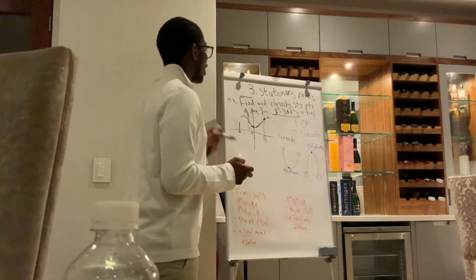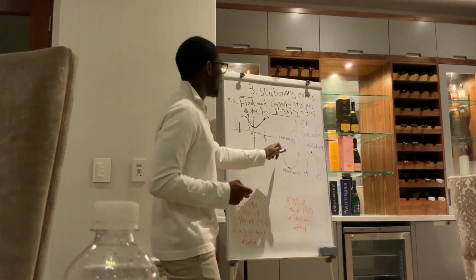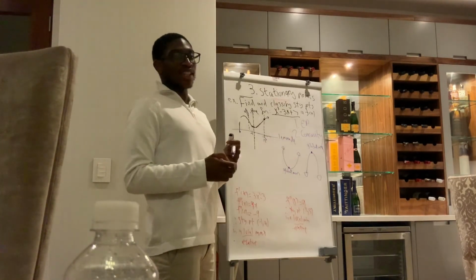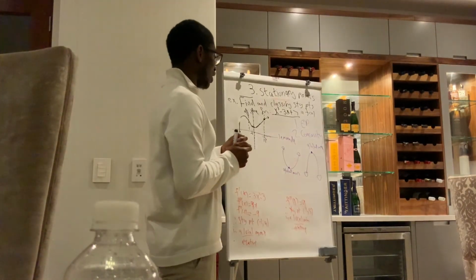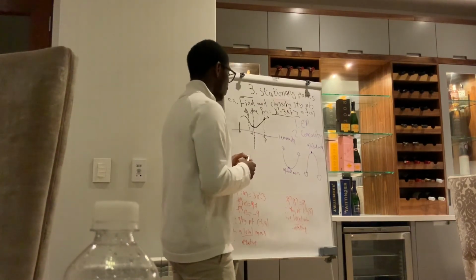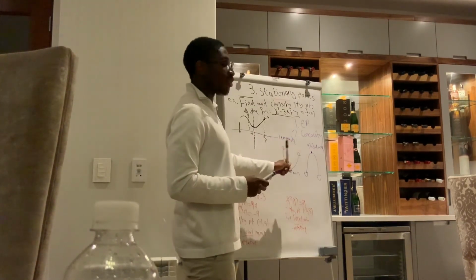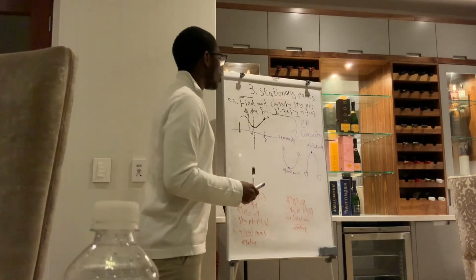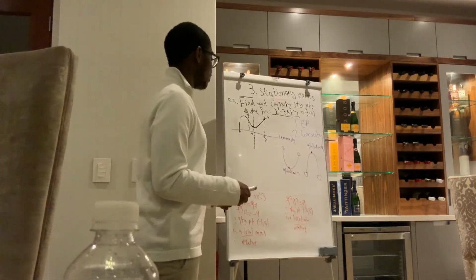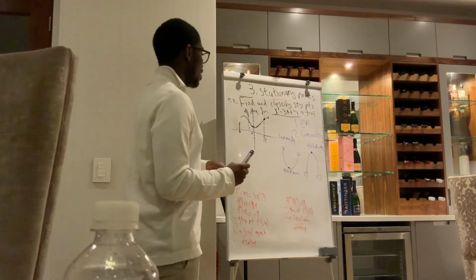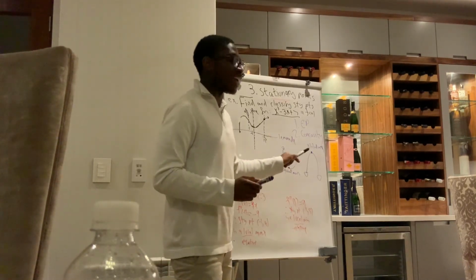The reason they're global has nothing to do with endpoints. Clearly in both directions, it tends to positive or negative infinity depending on the leading coefficient, right? But the difference in this case is the concavity of the functions is constant across both functions, right? This is because the second derivative is a constant.